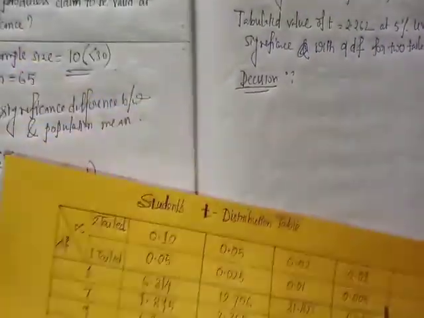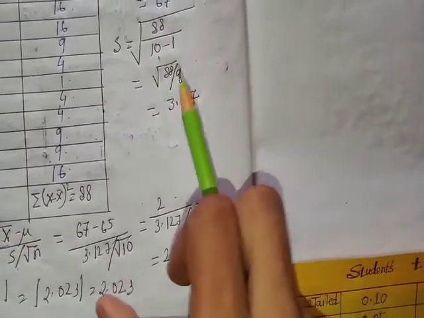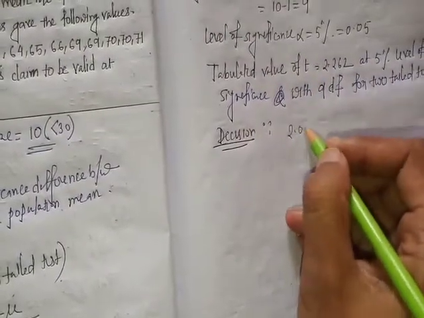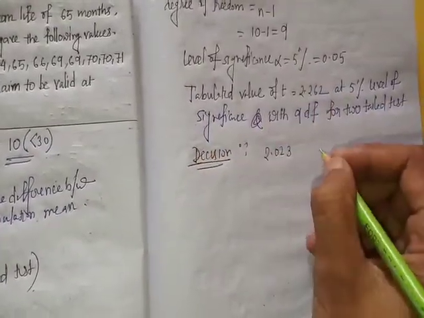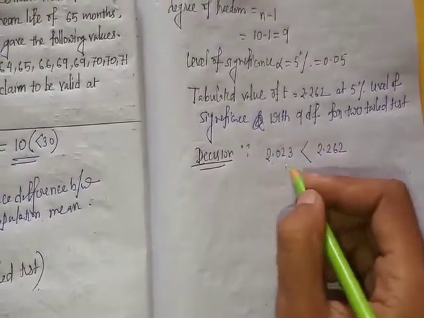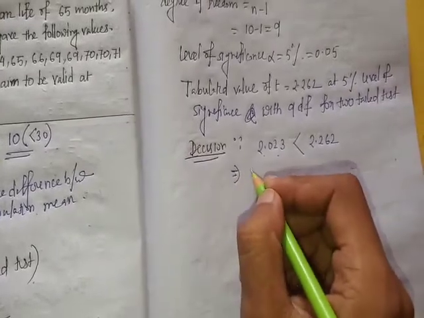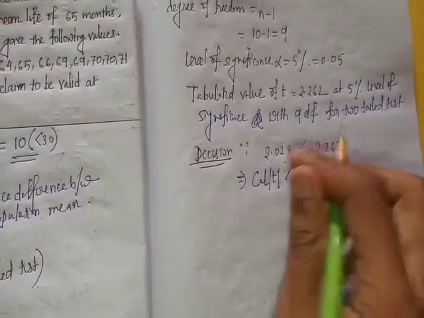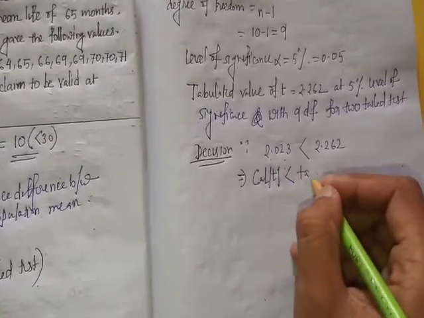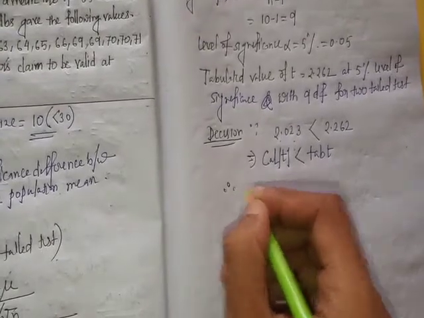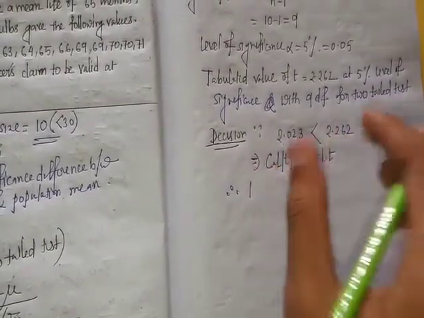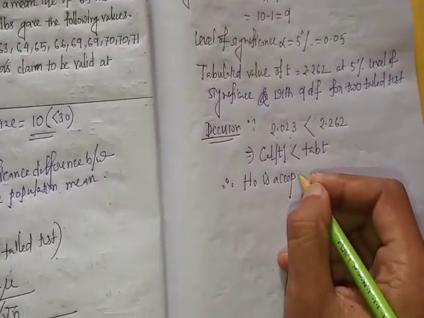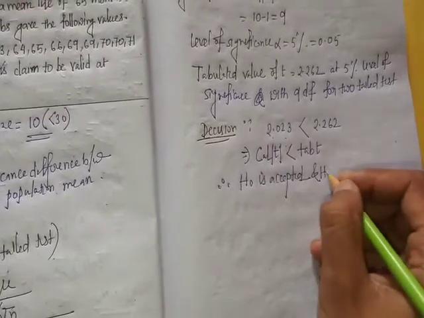Since the calculated value of T is 2.023, and the tabulated value of T is 2.262, 2.023 is less than 2.262. For a 2 tail test, we always calculate the value of mod T. So the calculated mod T is less than the tabulated T. Therefore, the null hypothesis is accepted and the alternative hypothesis rejected.